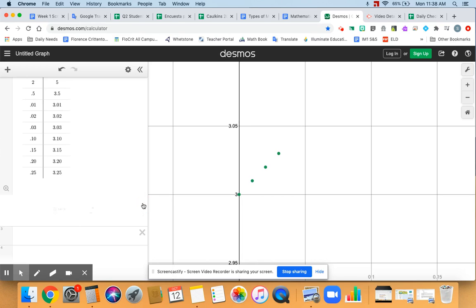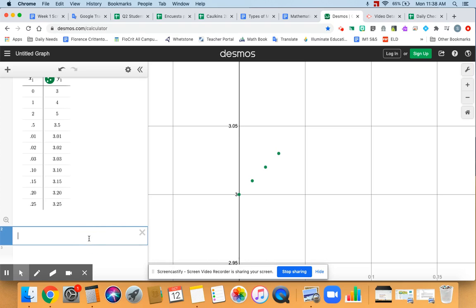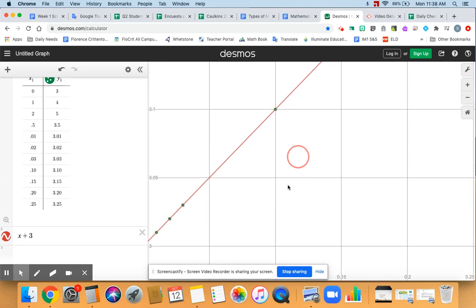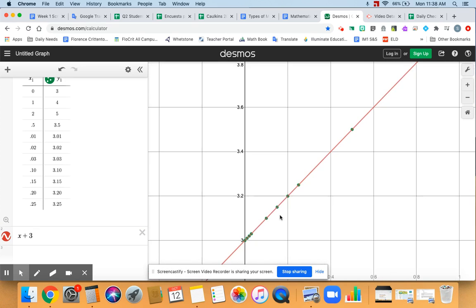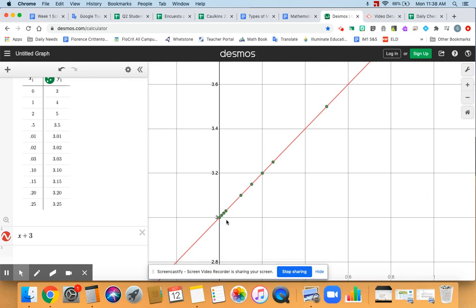So what an equation does, instead of plugging in things to equations, if I write x, it's going to turn up red. You see how this is red? The equation is going to turn up red here, plus 3. You see this line that's connecting all of our points? It's not like we only have 1, 2, 3, 4, 5, 6, 7, 8, 9, 10, 11 points on our graph.